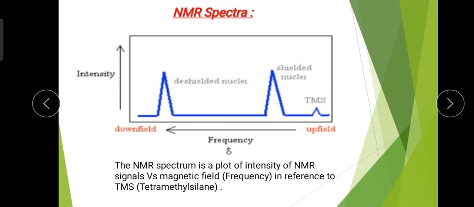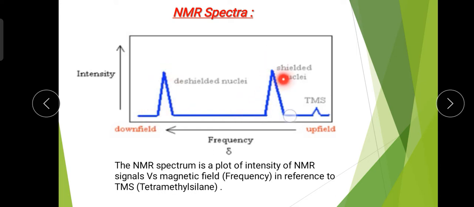That means there is a shifting in the resonance frequency from the particular range. So here is a chemical shift in a particular molecule or sample, and due to that at a particular position we get the absorption.